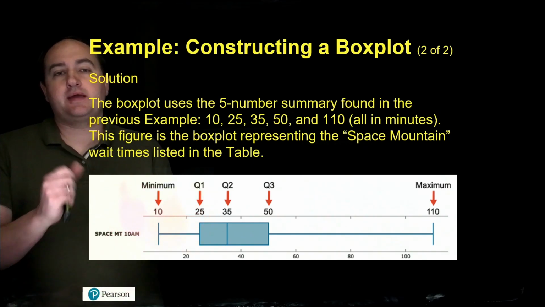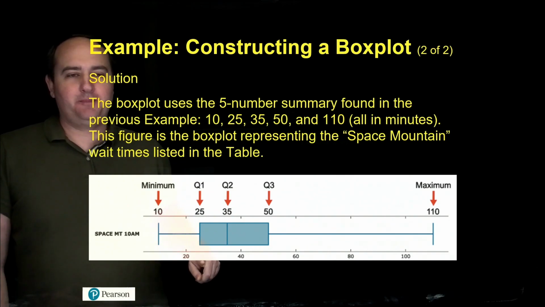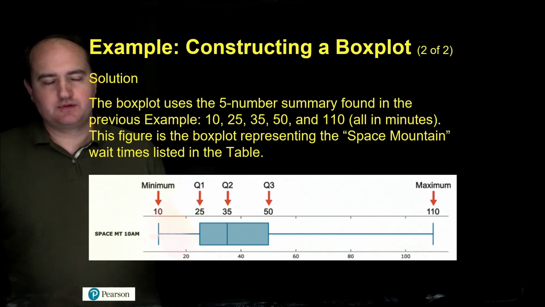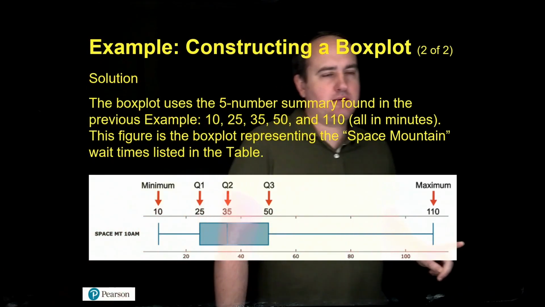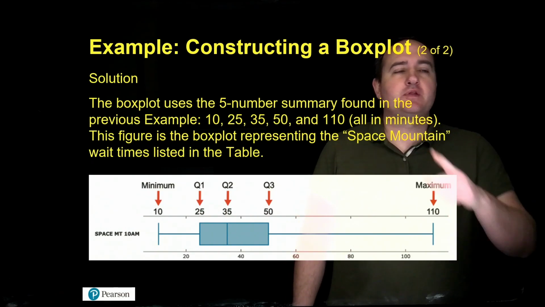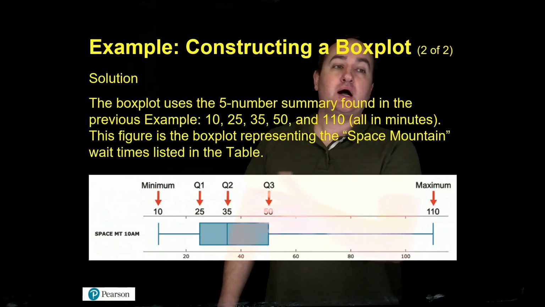Well, just how a cat has whiskers, this box has a whisker on the left and a whisker on the right. That requires a lot of imagination, though. So that's why most people just call it a box plot. It's called a box plot because it has a box in the middle.